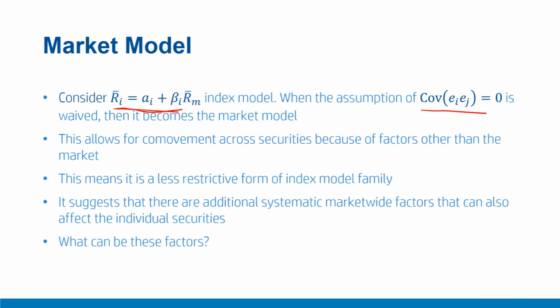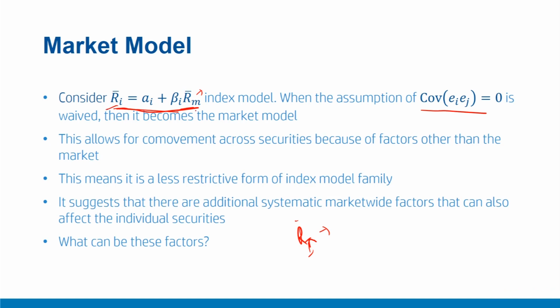What are the additional factors that may affect the returns of a security in addition to the market index? In addition to Rm bar, there can be industry specific factors, or international factors related to some international markets, specific to regulatory changes, or certain niche factors which are not part of this market factor but still can affect the returns of a security.